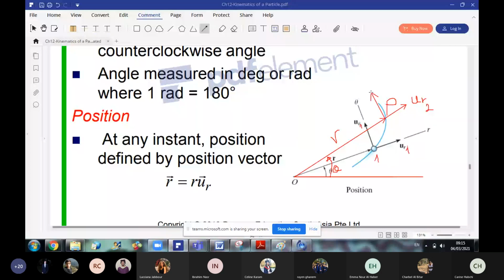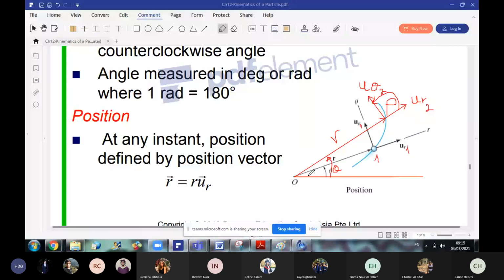So here, I turn 90 degrees from UR to U theta in the counterclockwise direction, which is the positive direction of theta. And in this way, I get U theta at location 2. So at each location, I can put the frame UR, U theta. This will depend on the position of my point.